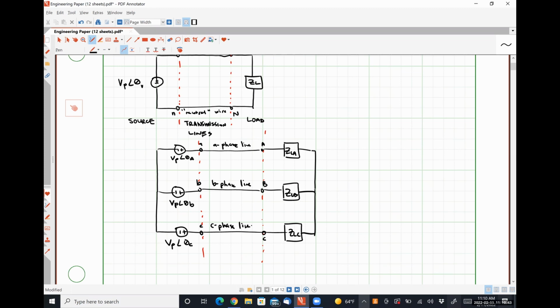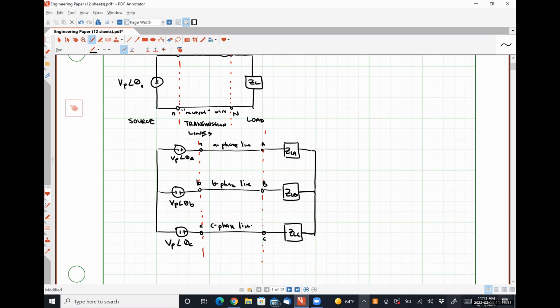So what's interesting about this three-phase system, this is what's called a three-phase, three-wire system, which means it does not have an active neutral. It can deliver three times the amount of power as the single-phase system while using only 1.5 times the number of wires.